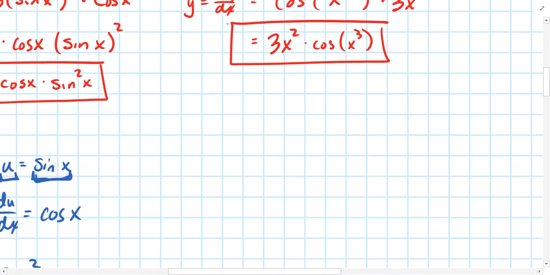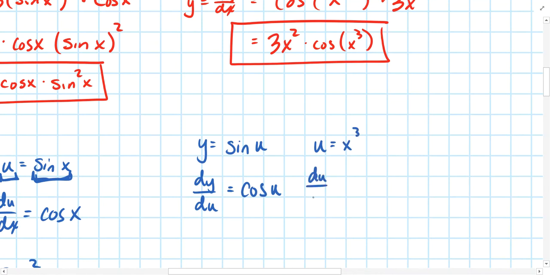Lastly, in this example, we said our outer function happened to be sine of x. So the derivative of that outer function, let's call it sine of u, not to mix up our variables here, with respect to u would be cosine of u. The inner function we said was x cubed. So the derivative of that inner function with respect to x is 3x squared.